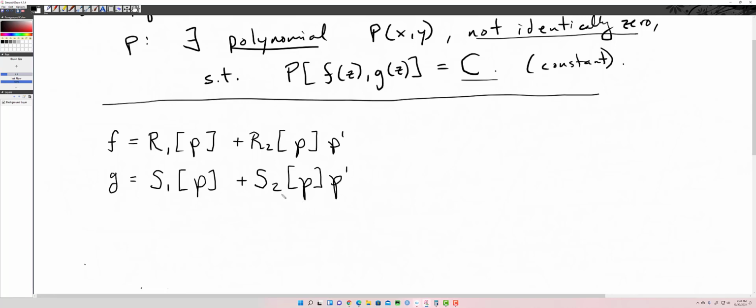And I'm further going to write this out as the quotient of polynomials over P. Okay?